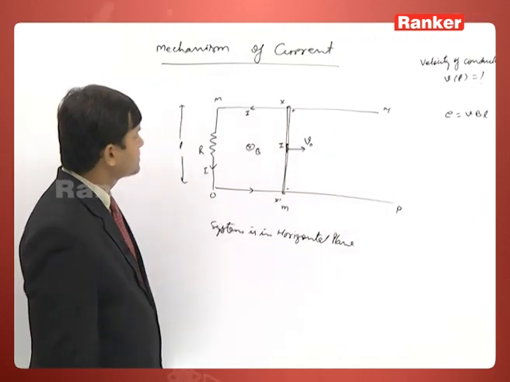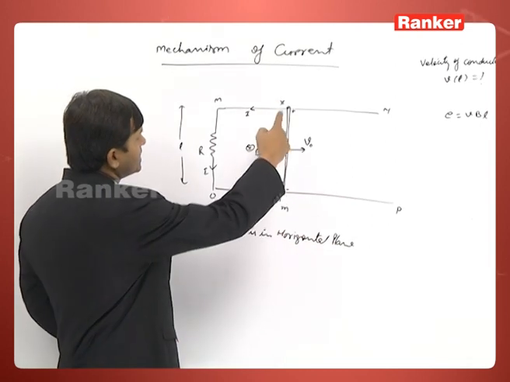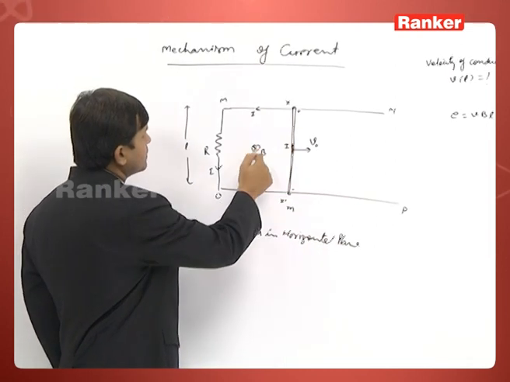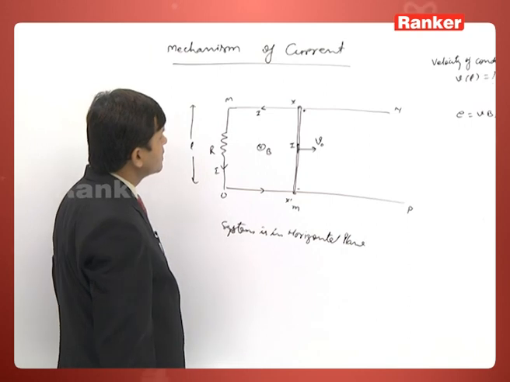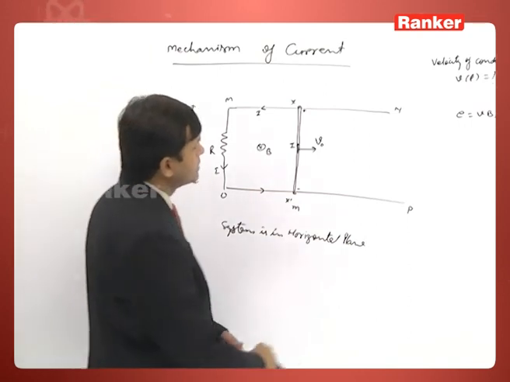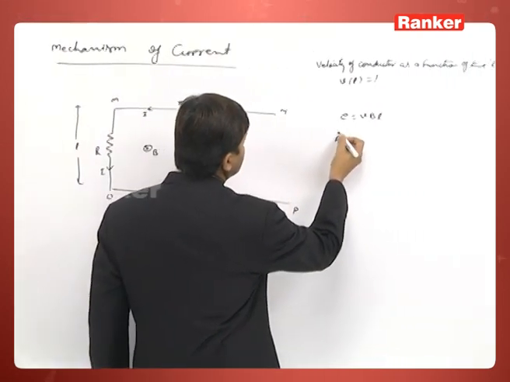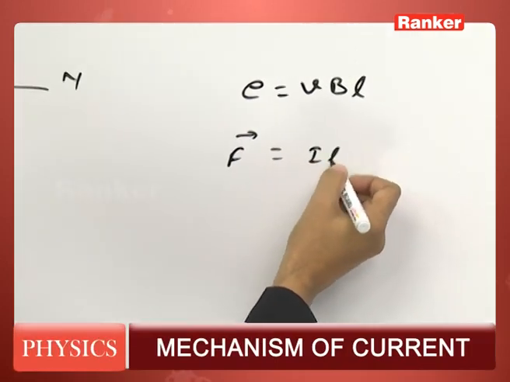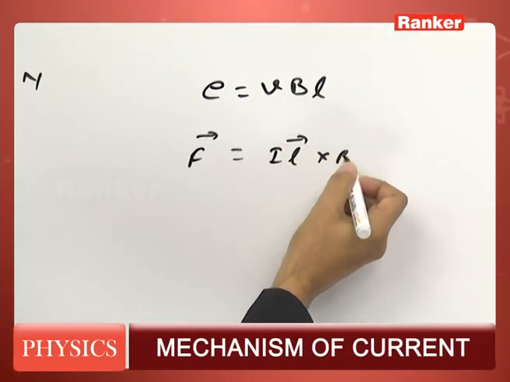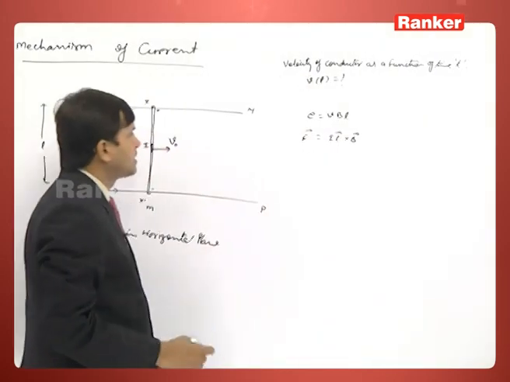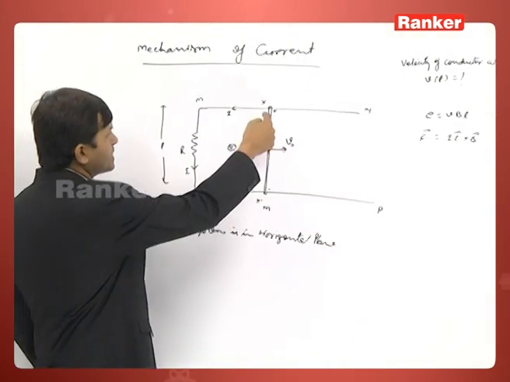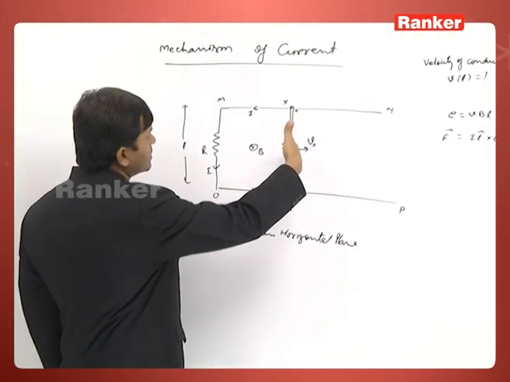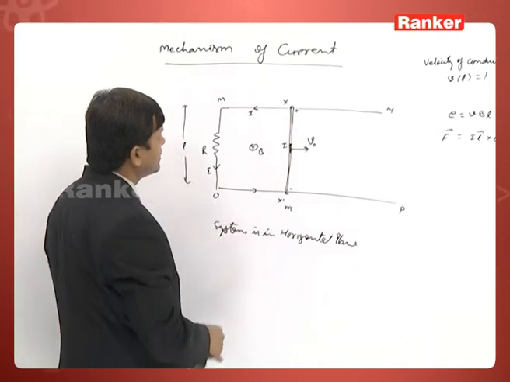So see here, current in this direction, magnetic field inward. According to F, as we know, the force on a current carrying conductor is given as I (l cross B). The l direction is this, B is inward, so the magnetic force is leftward.